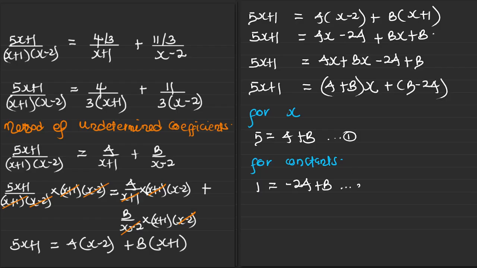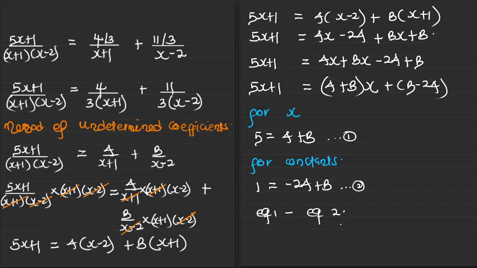So that is our equation 2. After which you now solve the system of equations. If you want to solve the system of equations using simultaneous equations, then we can say equation 1 minus equation 2.